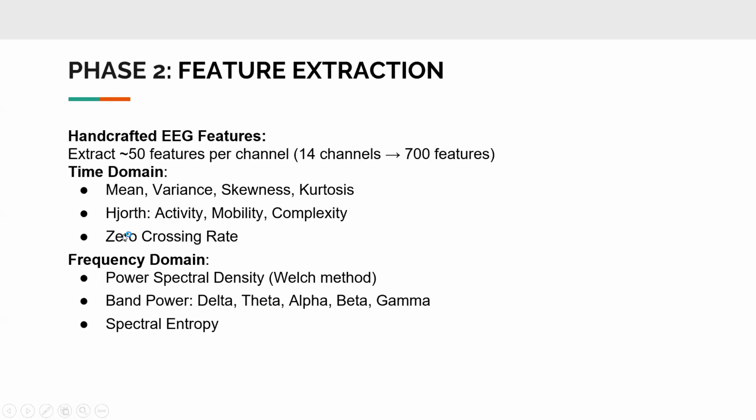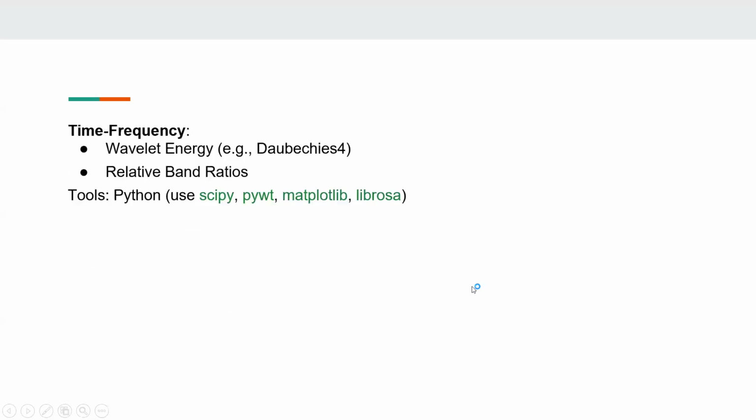For example, time domain features like mean, variance, skewness, kurtosis, and zero crossing rate; for frequency domain, power spectral density, spectral entropy, the delta, theta, alpha, beta, and gamma frequency bands; and time-frequency features.